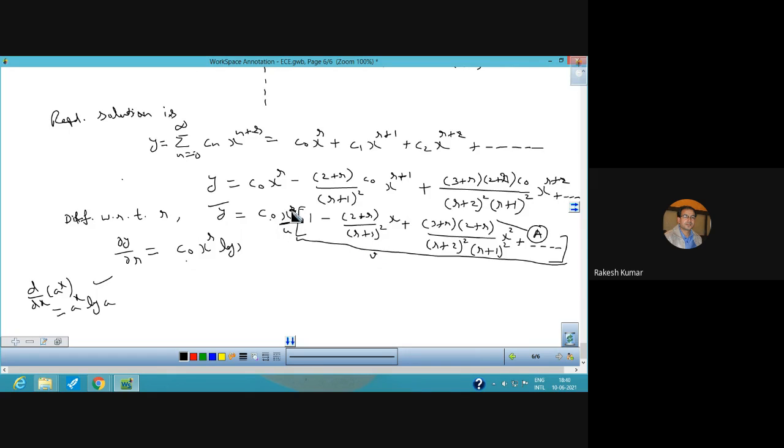So c naught as it is, derivative of x raised to power r is x raised to power r log of x, and the v bracket term as it is: 1 minus (2 plus r) divided by (r plus 1) whole square into x, plus (3 plus r)(2 plus r) divided by (r plus 2) whole square into (r plus 1) whole square.